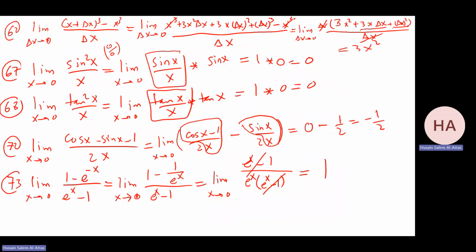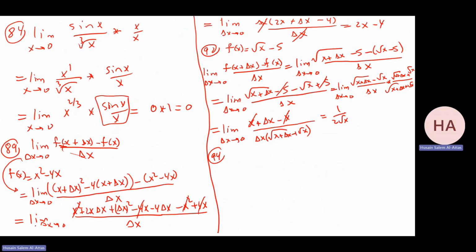1 over x squared. The function is 1 over x squared in this case. Let me try to do it in this space.